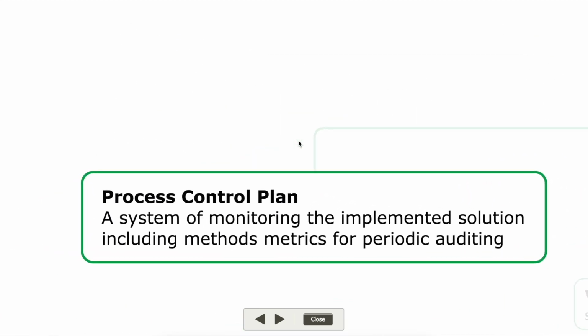So a process control plan is a system of monitoring the implemented solution, including methods and metrics for periodic auditing. Okay, so this is the process control plan. You remember the control chart: we monitor the measurements if they are going out of the limits or staying close to our target value.